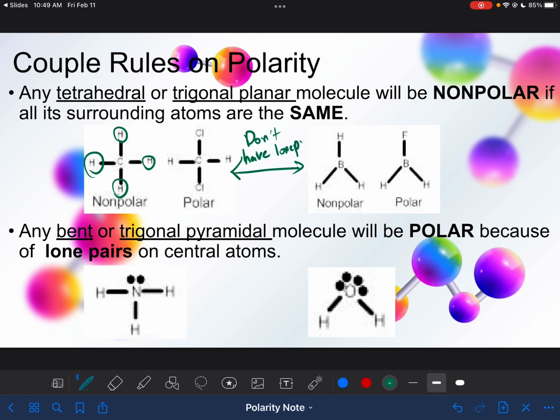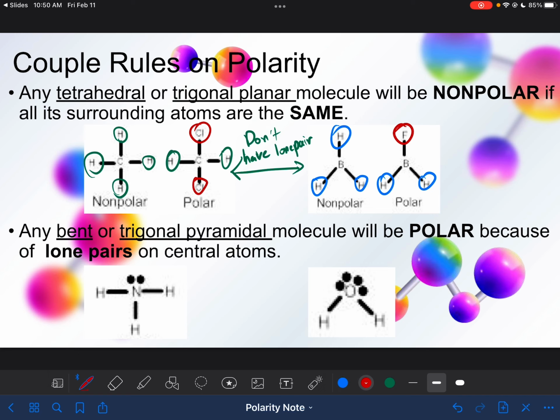If they don't have a lone pair, then they're going to be nonpolar. But we also have to make sure that all atoms around the central atom are the same. In this case, we have hydrogen, hydrogen, but also chlorine and chlorine. That's why this one is polar. On the other one, we have hydrogen, hydrogen, and hydrogen, but for the polar one, we have hydrogen, hydrogen, and fluorine. That's a big difference in this picture. So even though they don't have a lone pair, please make sure the surrounding atoms are the same.